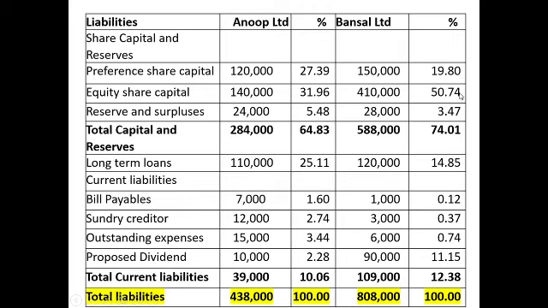So if you compare with the Anup Limited, here they are having only 31 percentage of equity share capital, but here they are having nearly 50 percentage. So nearly they are ahead with the equities. So reserves and surplus they are having nearly 3.47 percentage, compared to Anup Limited it is a bit low.